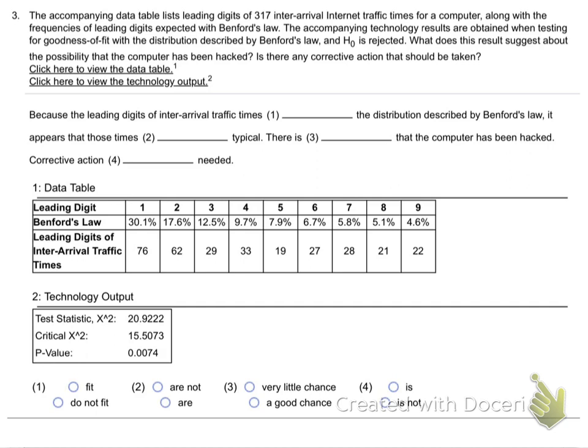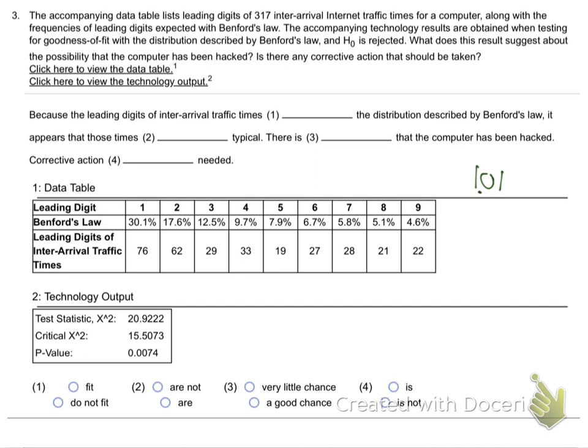Let me make sure this data is making sense for you. This means 76 of the times led with a 1. In other words, the internet is recording the time gap between receiving new hits on a certain site. Is that making sense? So the software is recording the times. Maybe the first one would be 1.01 seconds.